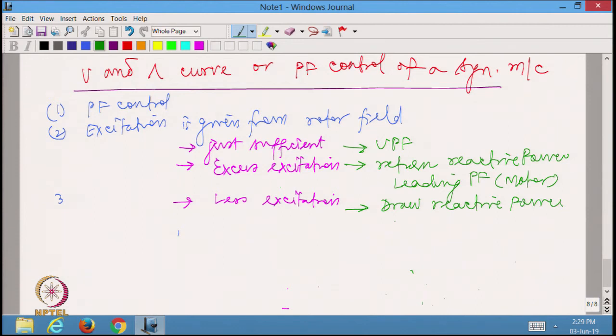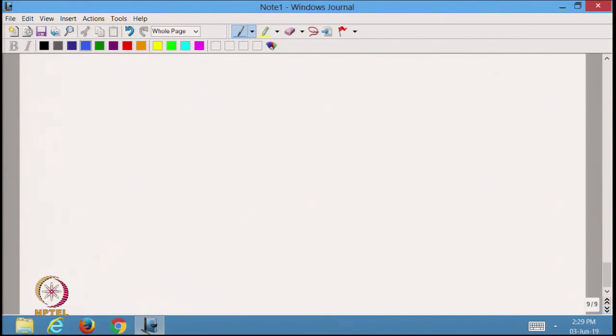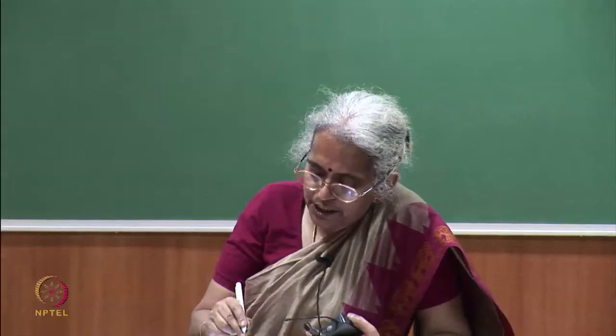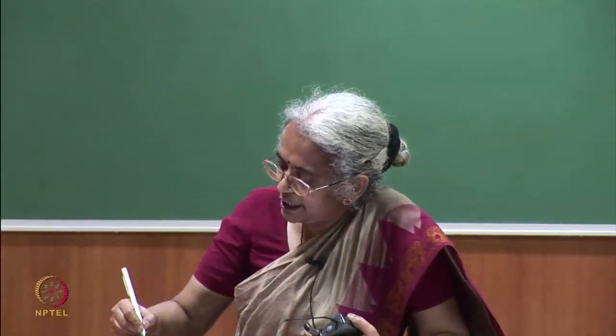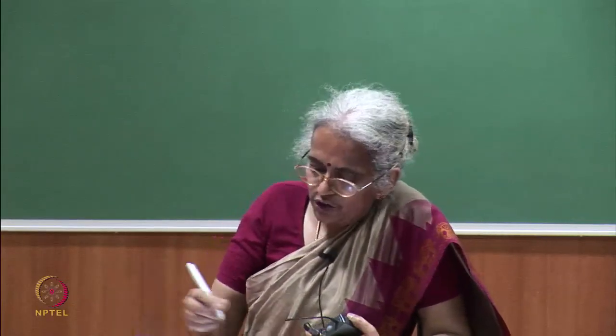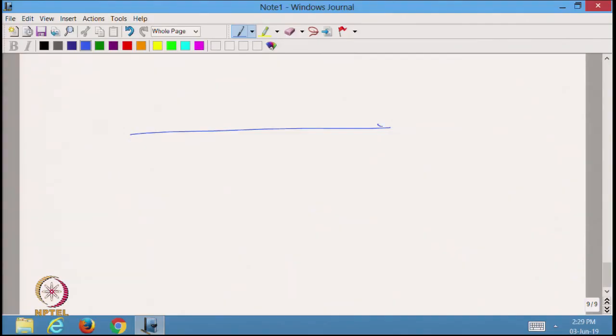So, we are going to see a lagging power factor for the motoring operation of the machine. Let us try to analyze this with the help of a phasor diagram. So, let me first draw, maybe the machine is connected to infinite bus. So, I am going to have essentially this as my voltage.